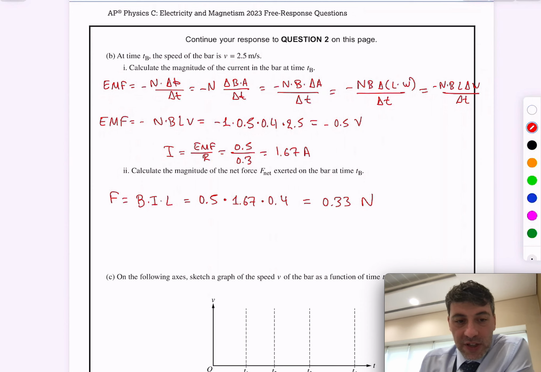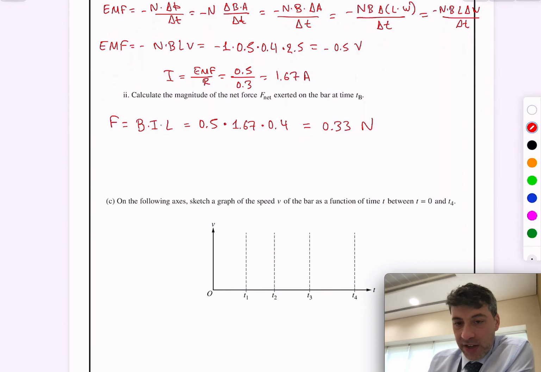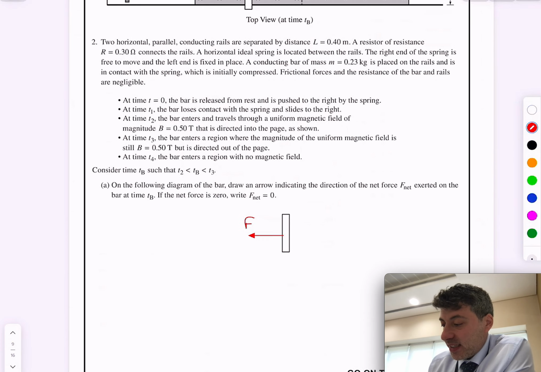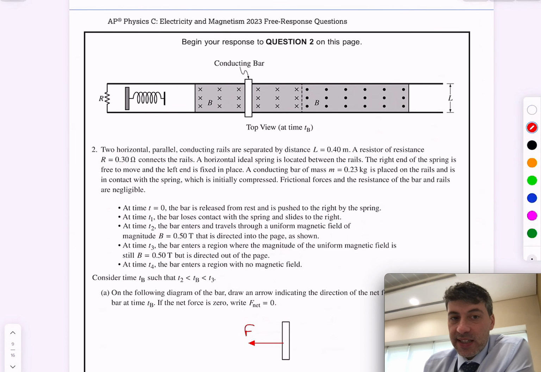And we can continue to tell something about the speed of the bar as a function of time until we get to time 4. The bar started from rest, and the reason why it starts moving is the force by the spring. So the speed will be increasing.